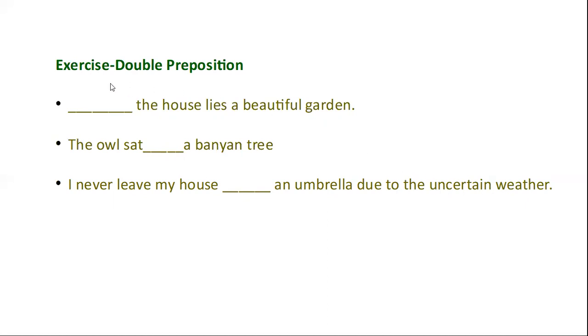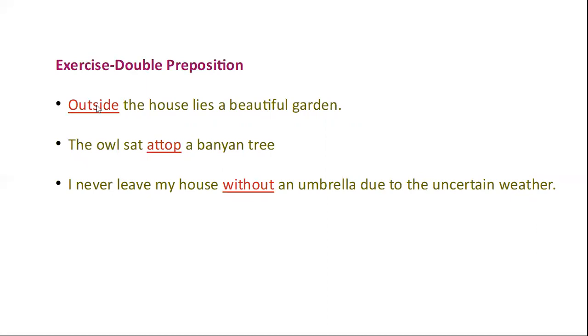So we can see the answer. Outside the house lies a beautiful garden. The answer is outside. It is a double preposition. The owl sat atop a banyan tree. I never leave my house without an umbrella due to the uncertain weather.